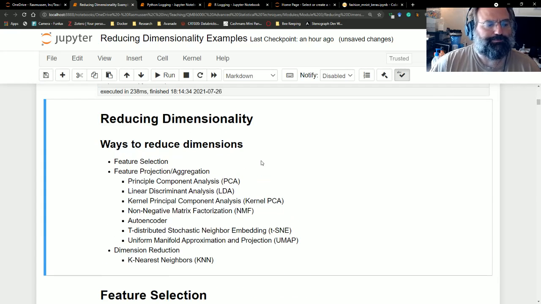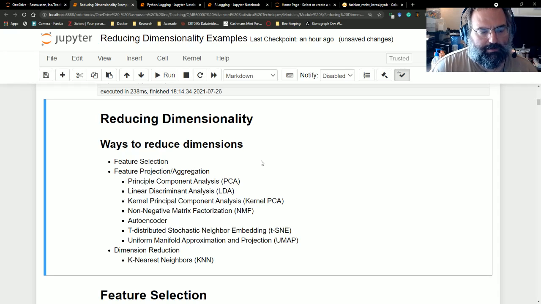And so the ones we'll go through here, part of what I'm trying to show is the buckets they're coming out of, and then some of the ones in the buckets. Some of this you've seen in the past, but it may not have been explained as that's what you're doing. So feature selection, and we'll talk about that in a minute. That's one common way of reducing the number of dimensions. Then feature projection or aggregation, and that's where things like PCA come into play.